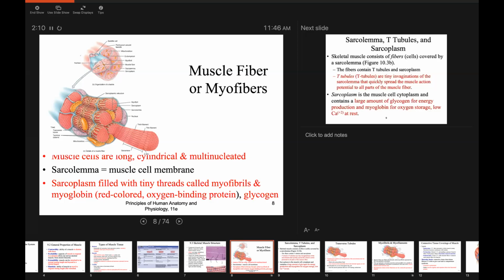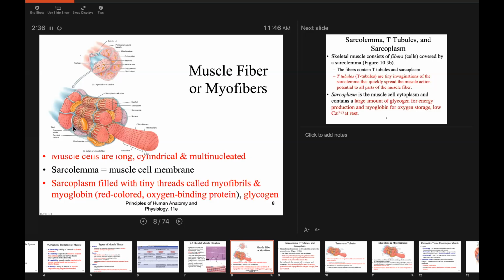It is incredibly important to have calcium, right? And what we do is at rest, calcium is stored and concentrated into these terminal cisterns on each side right here. Inside the sarcoplasm, because the calcium has been removed, the sarcoplasm has incredibly small amounts of calcium.